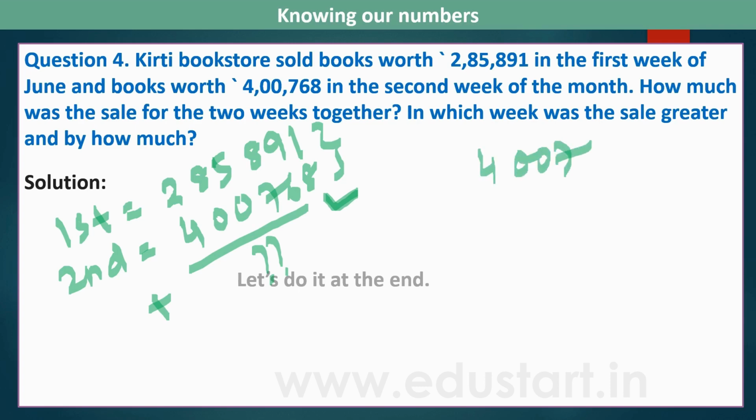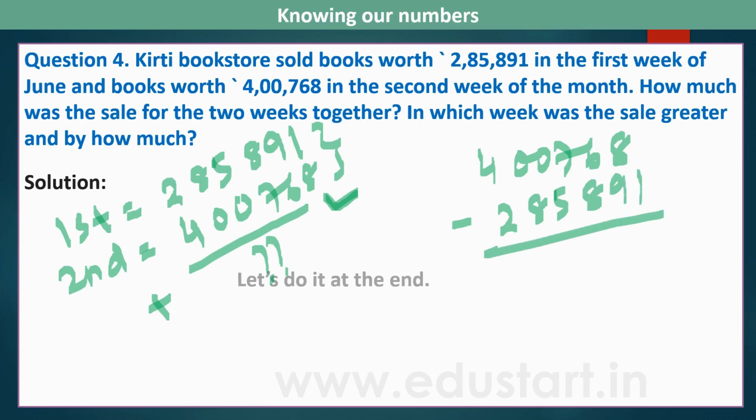So 4,768 minus 2,85,891. So what is the answer that is going to come? So that is the difference. So the total sale is the addition of these two numbers, in the second week the sale is greater, and by how much is the difference of these two sales numbers. Okay, so this is how you are going to calculate.